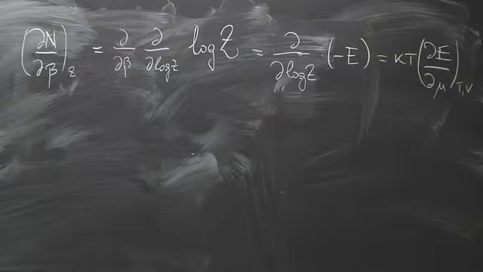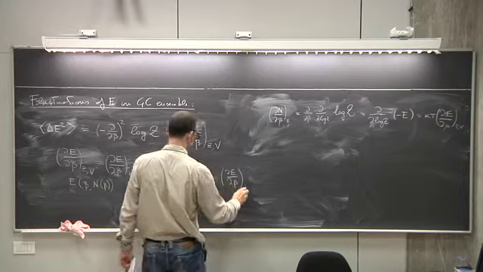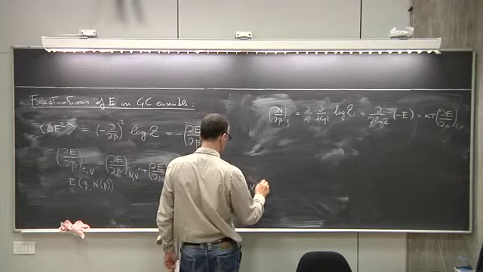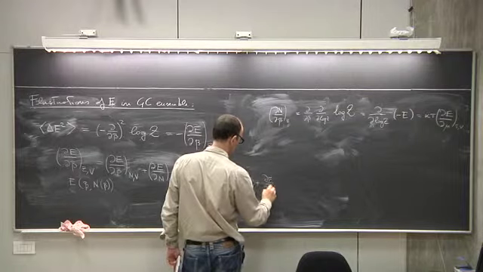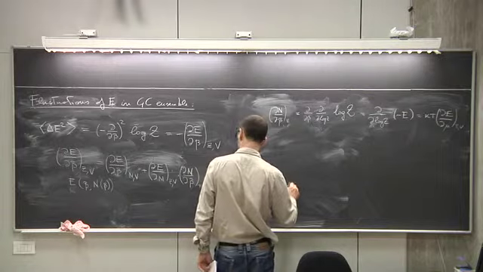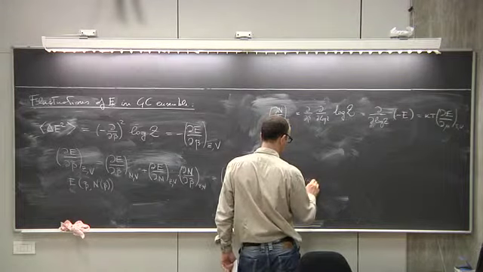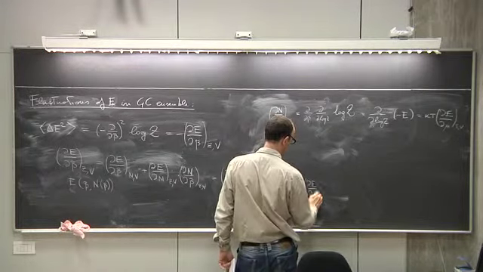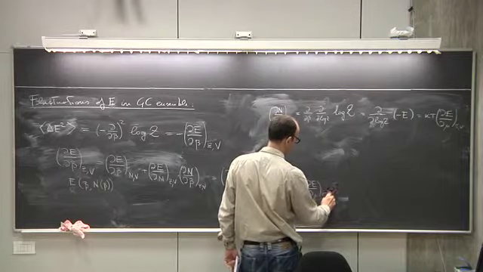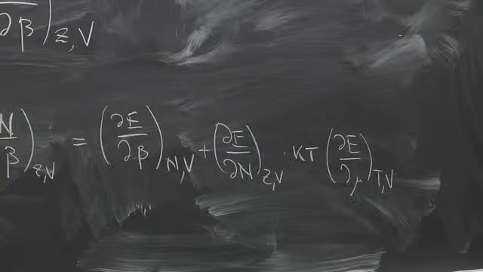So this means that I can write this as dE/dβ at constant N and V, plus dE/dN at constant β and V, times kT dN/dμ at constant T and V.